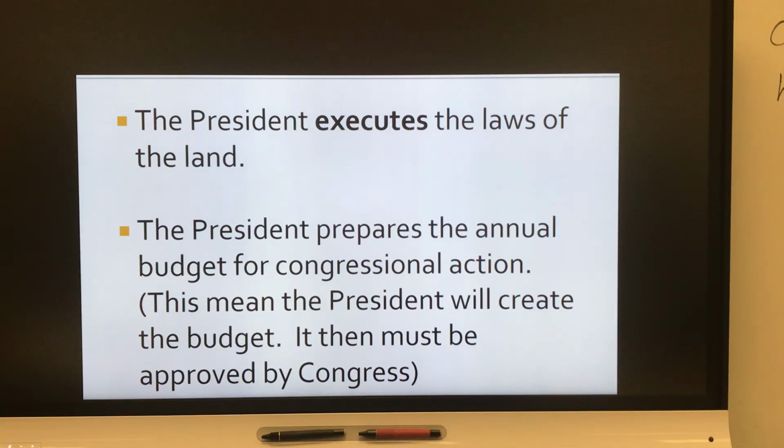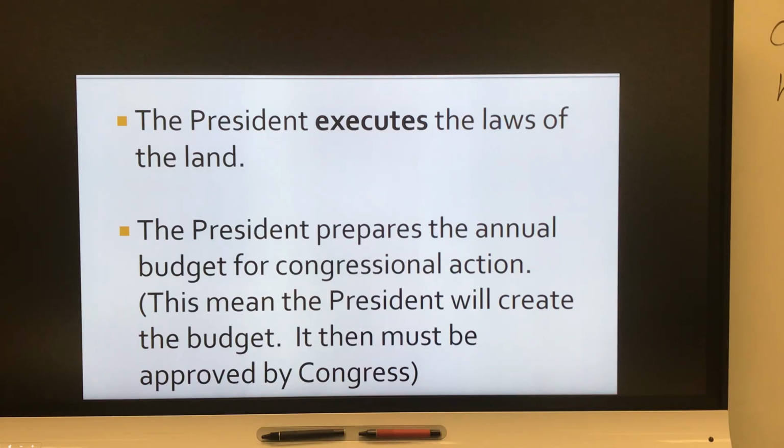And this is what we look at in 6B notes when we look at how the branches can limit the power of one another. What keeps the president from making bad decisions with the money is Congress has to approve it. They have to work together. If the president could spend the money however he or she wanted to, we haven't had a female president yet, but maybe one of these days.